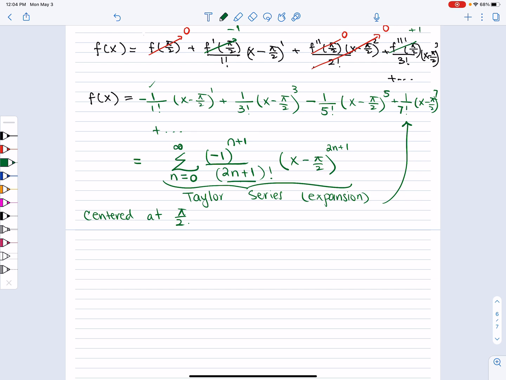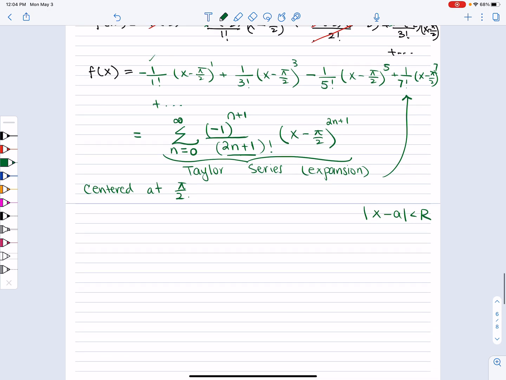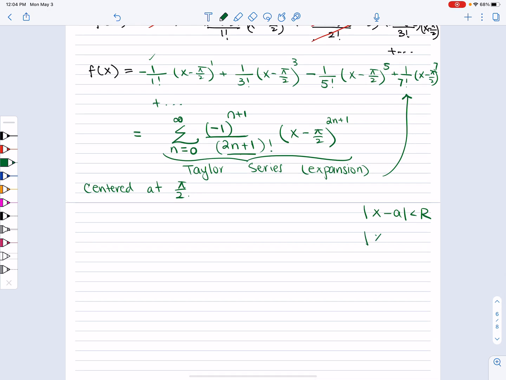In order for us to find the radius of convergence, remember, we find it when you have the absolute value of x minus a less than r. Or we can say x minus pi over 2 less than r.